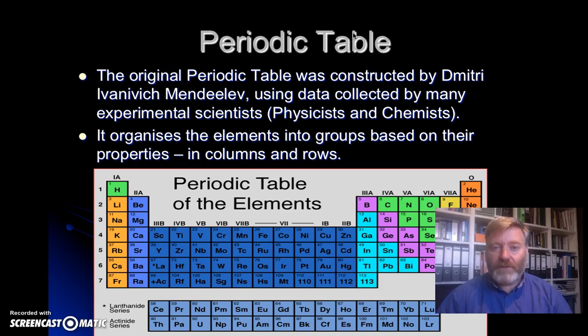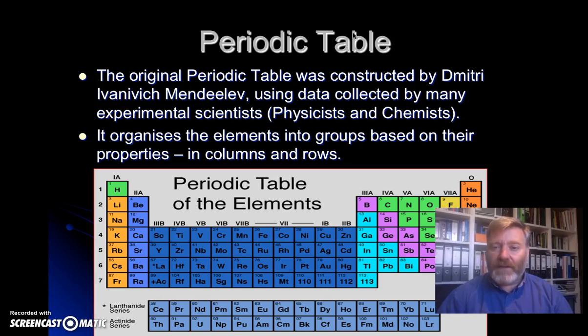So his original periodic table had lots of gaps, and lots of scientists have filled the gaps in since, because there are about 94 naturally occurring atoms or elements, and we've created quite a few since then, some of which are quite stable and hang around for a while, and others which are quite unstable, like the one we met the other day, Ununseptium, which is number 117. So that little diagram there is a bit old.